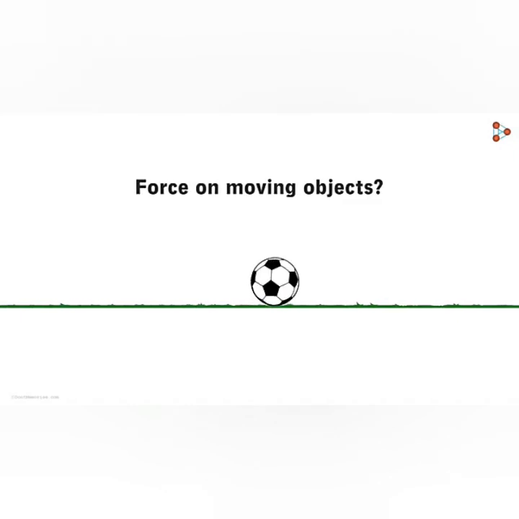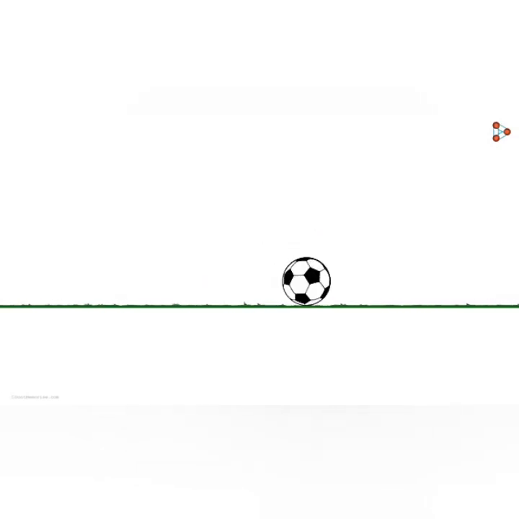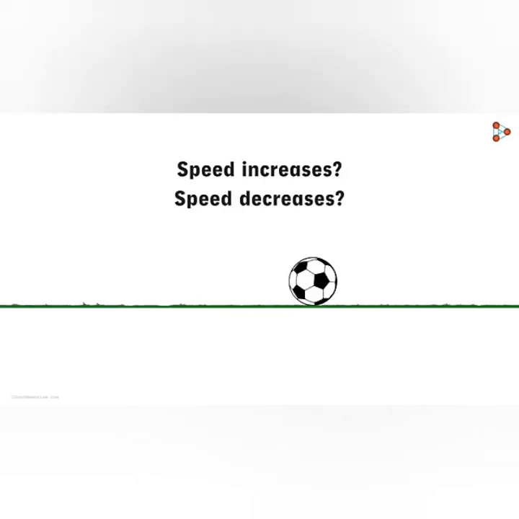Now, what happens when force is applied on a moving object? Did you observe the speed of the ball increases in the same direction where the force is applied? Both the force and the motion are in the same direction.